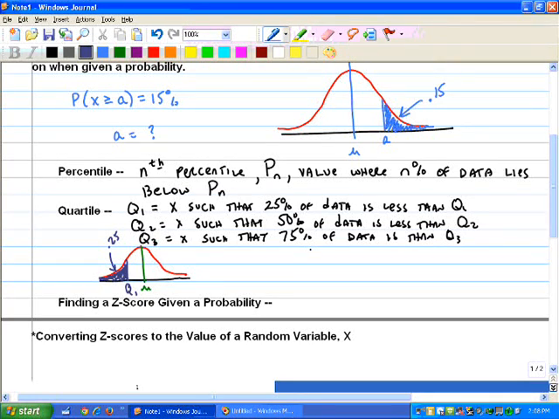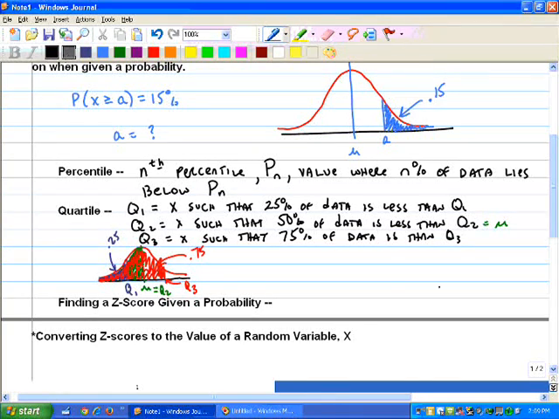Q2 would be the value on the curve where the area to the left of Q2 is 0.5. And because of the symmetry of the normal curve, Q2 is always going to be equal to the mean. Q3 would be the value on the x-axis where the area under the normal curve is equal to 0.75.